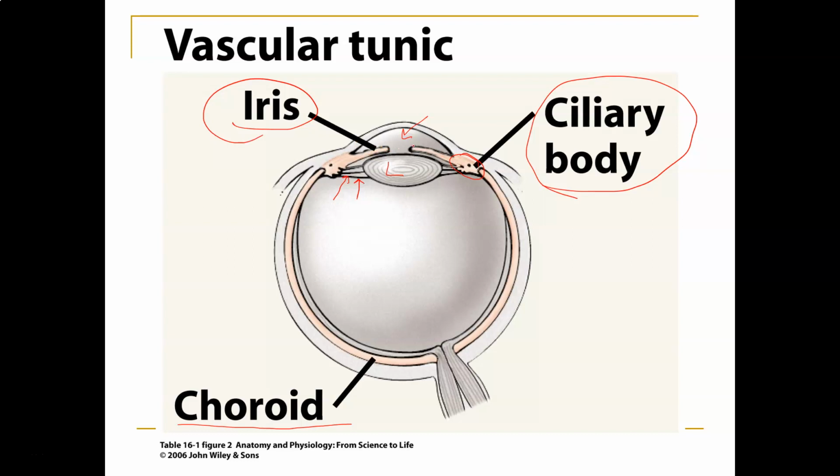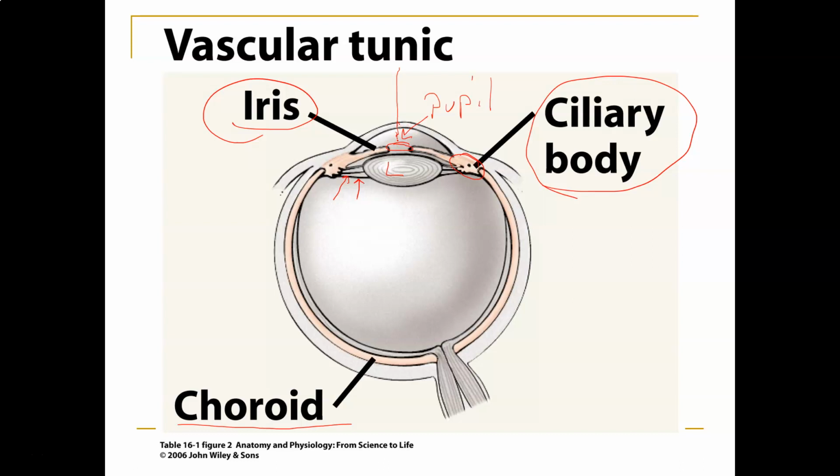And notice that the iris, in the middle of it, there's an opening. That's the pupil. So depending on the size of your pupil, that determines how much light can enter your eye. Because when light rays enter the eye, they have to go through the cornea, the transparent cornea, through the aqueous humor, and then they can't go through the iris tissue itself.